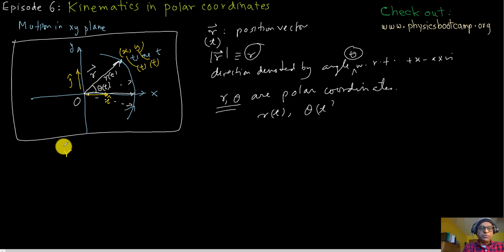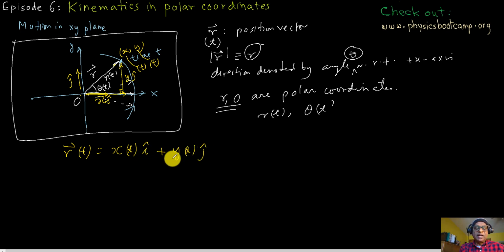We learned how to write the r vector, which is a function of time, as x(t) i hat, made up of this x i hat and this projection, the y j hat. Just adding these two vectors gives you the r vector: x(t) i hat plus y(t) j hat.